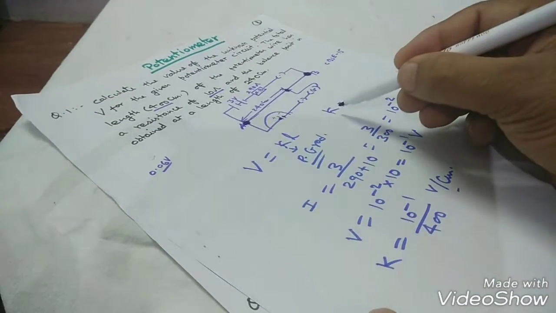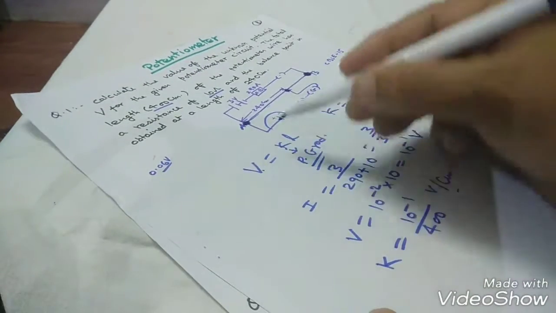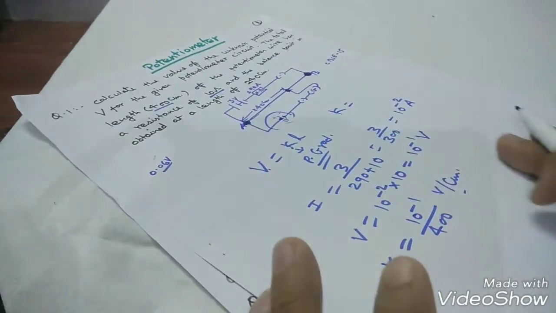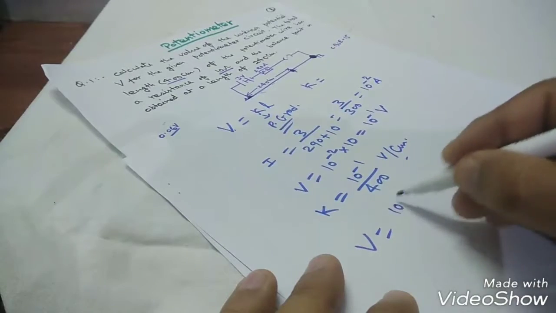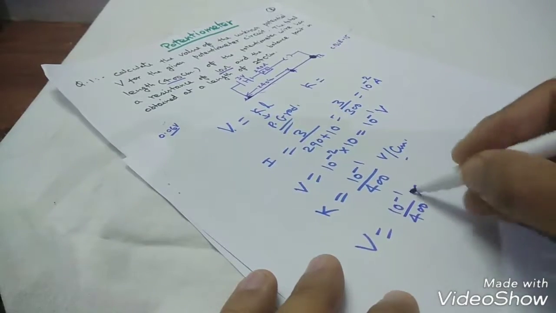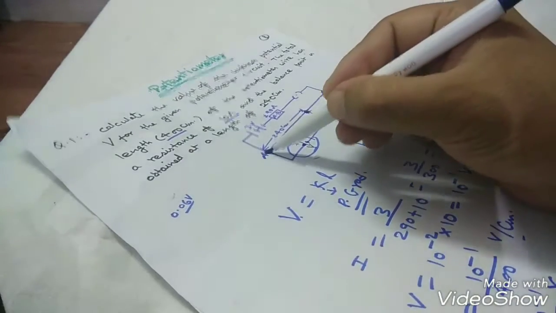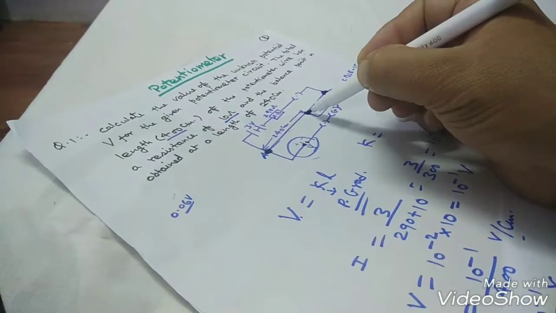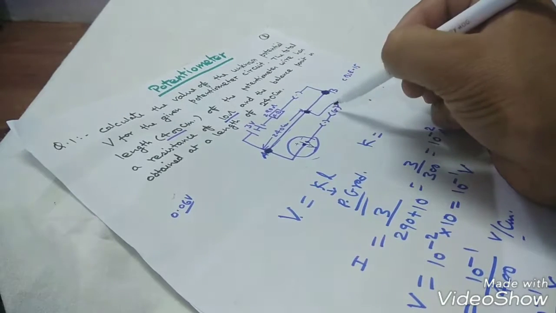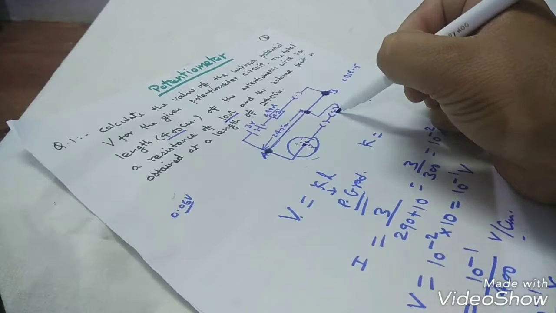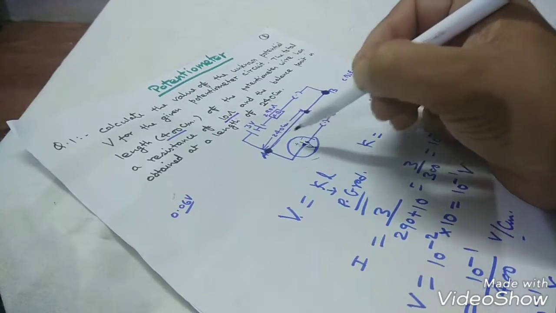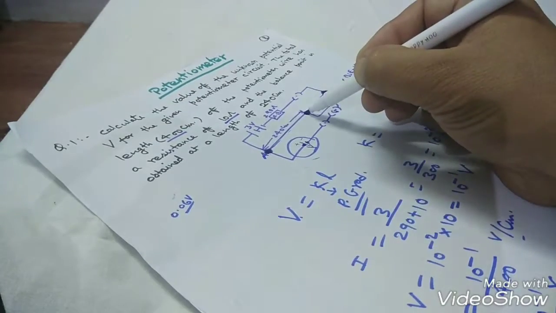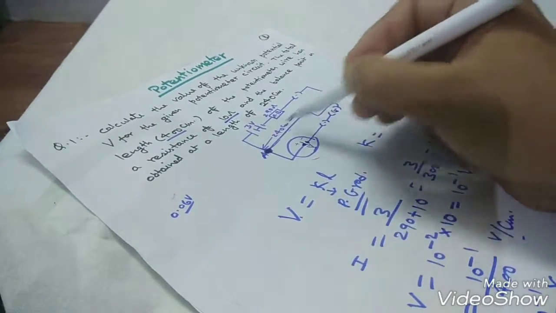Now we know potential gradient, so we can find unknown potential. This unknown potential V will be equal to K, that is 10 to the power minus 1 by 400, into L. It is given that at the length of 240 centimeter balancing point is obtained, meaning galvanometer is showing zero deflection. That means its EMF, its potential, is equal to the balancing potential along the length of this potentiometer wire.